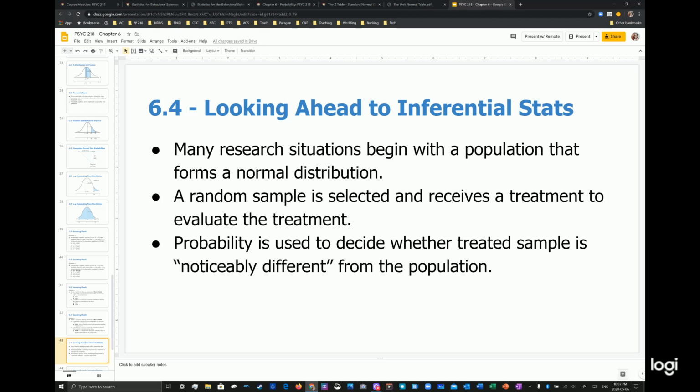Noticeably different would be whether a sample mean is far enough away from the population distribution that we can say only a very small percentage, maybe 1% or 5%, would have that score, above or below the mean. Then you say that's really different because only 1% or 5% of the entire population would have it. So it's not likely, and therefore it is considered noticeably different.